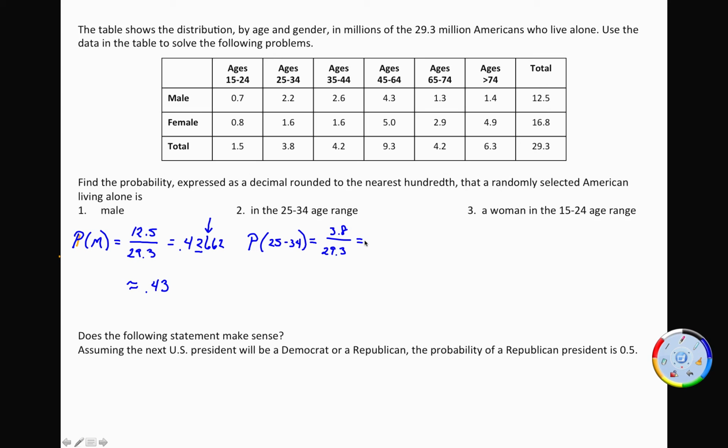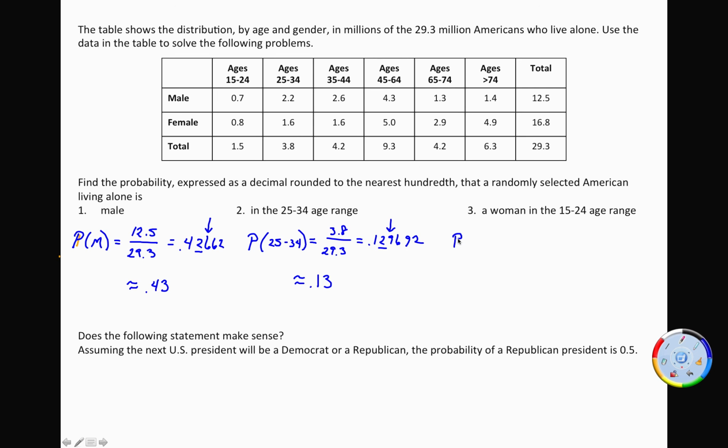Plug that in the calculator to get 0.1296692, but we're going to round to the nearest hundredth. So that's about 0.13, or 13%.